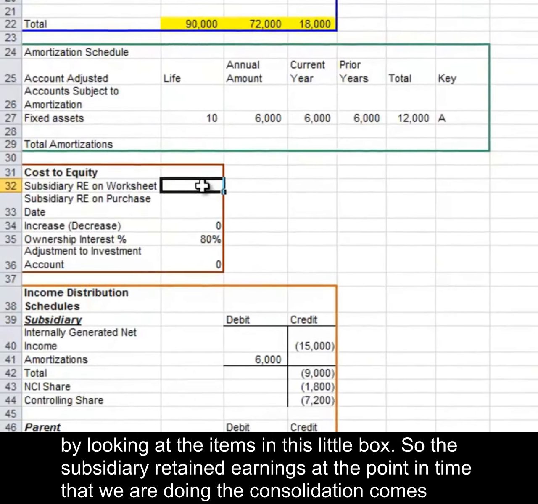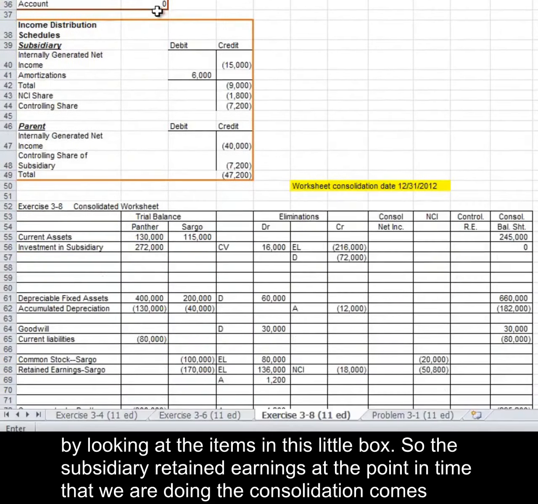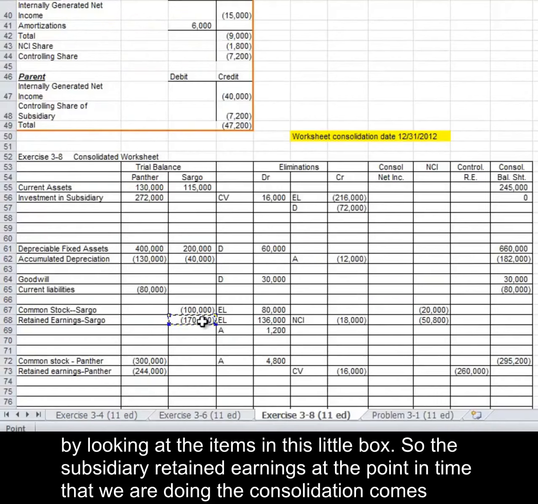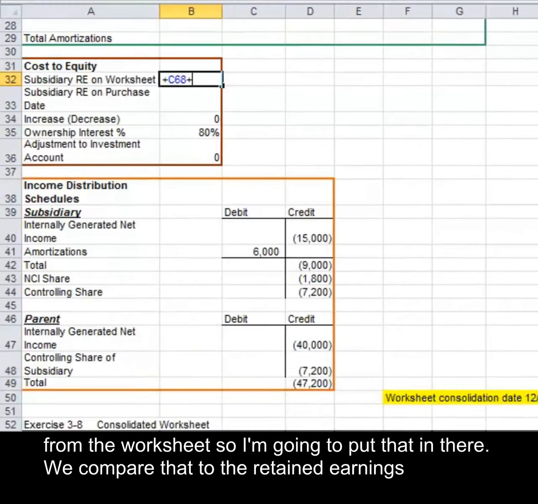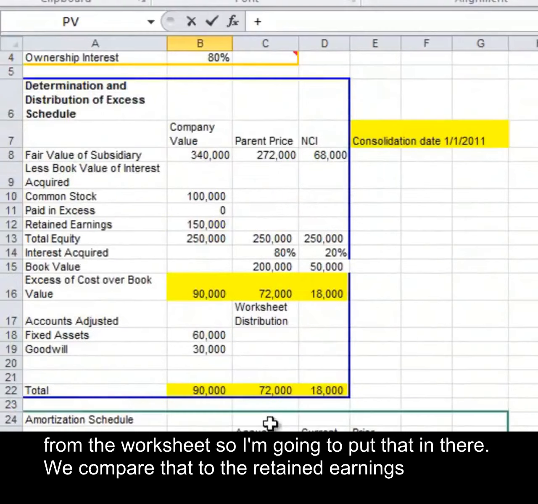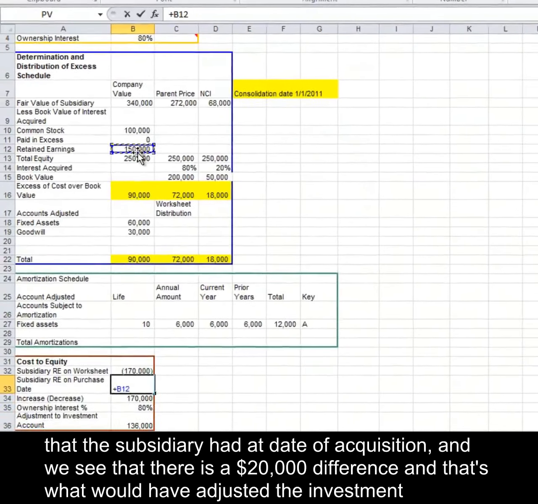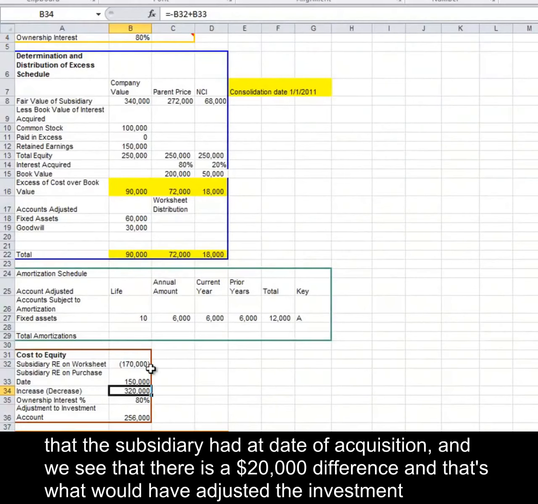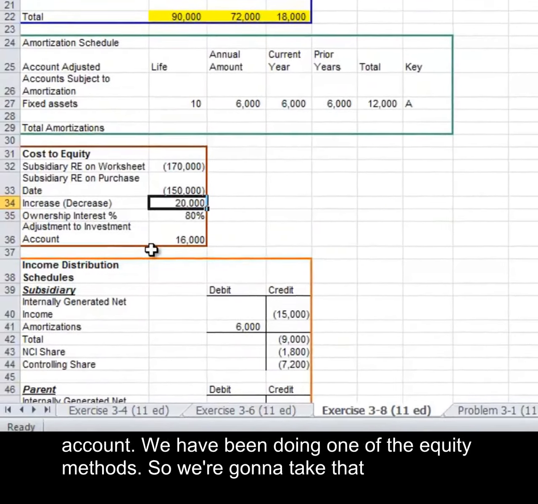So the subsidiary retained earnings at the point in time that we are doing the consolidation comes from the worksheet. So we're going to put that in there. We compare that to the retained earnings that the subsidiary had at date of acquisition, and we see that there is a $20,000 difference. And that's what would have adjusted the investment account.